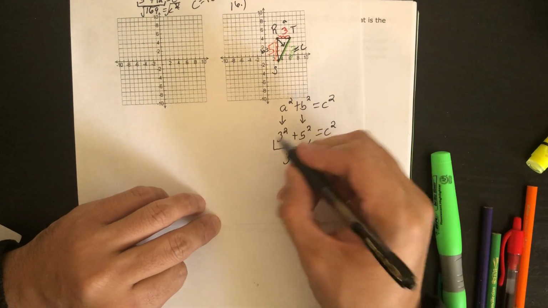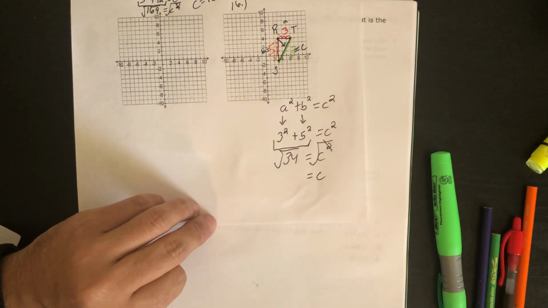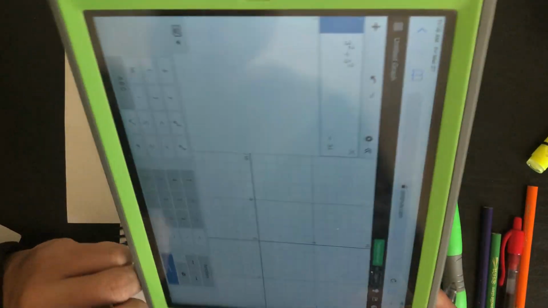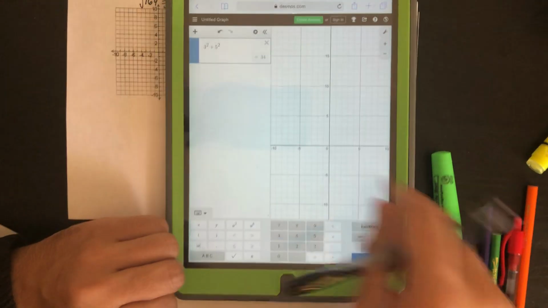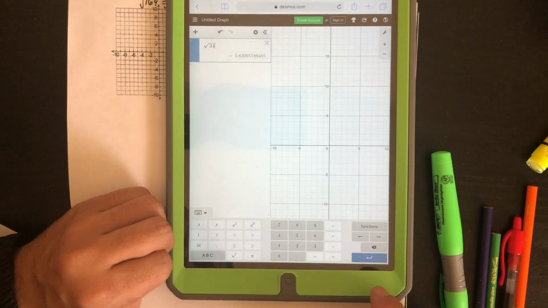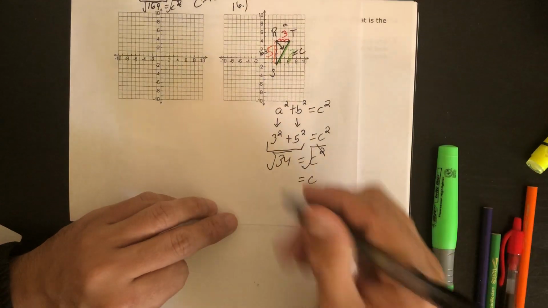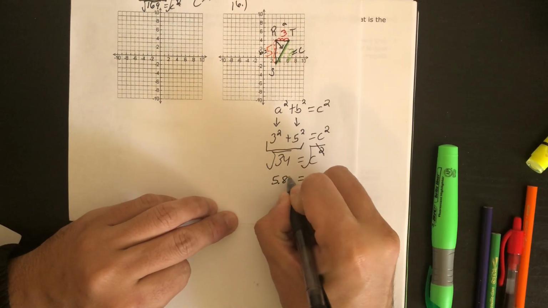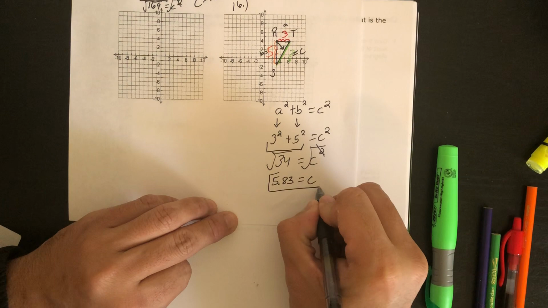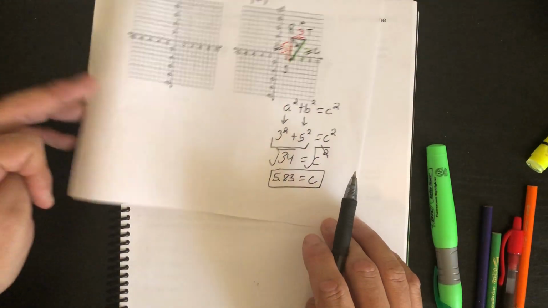Now the opposite of a square is the square root. So let's identify the square root of 34, which is 5.83. So the missing side, or the distance of ST, is 5.83.